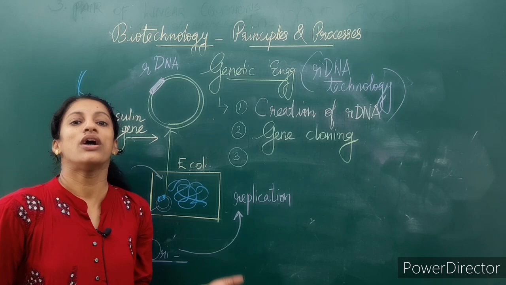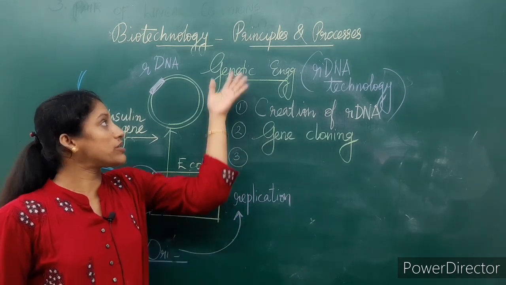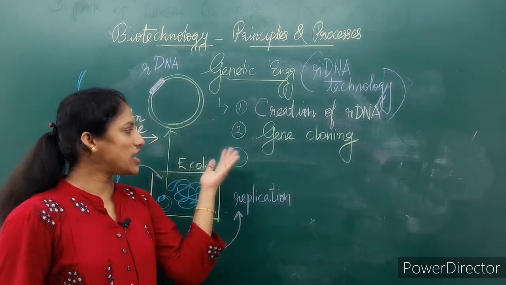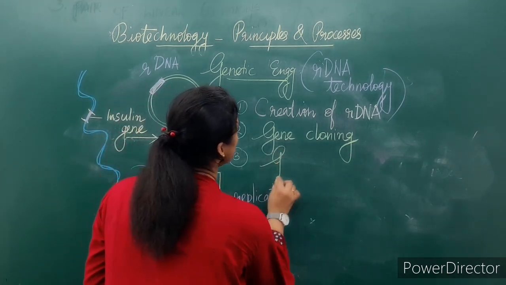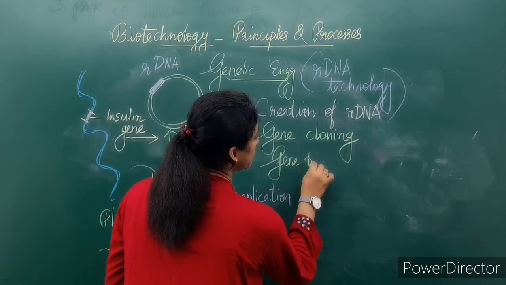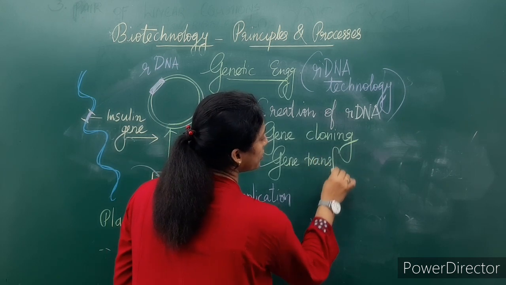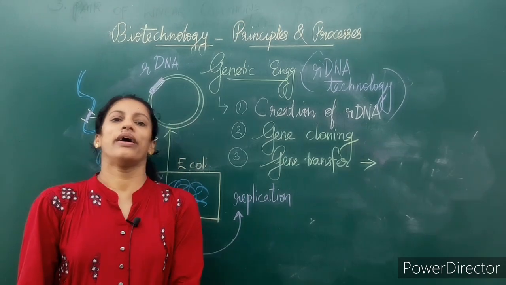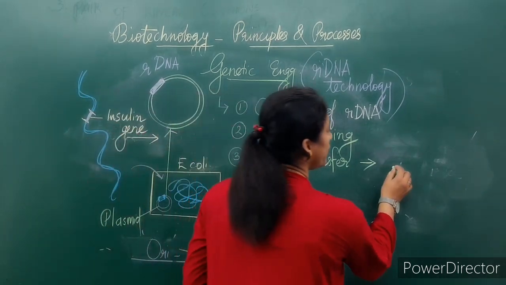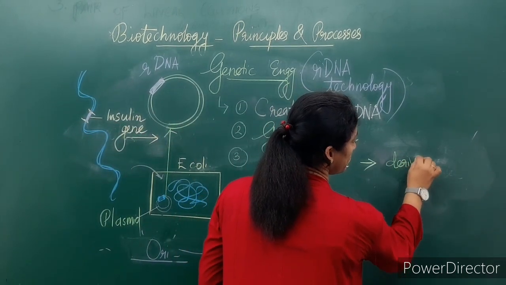This is what we call cloning. The third important aspect is gene transfer or the further technologies. And then we have to derive the gene products.